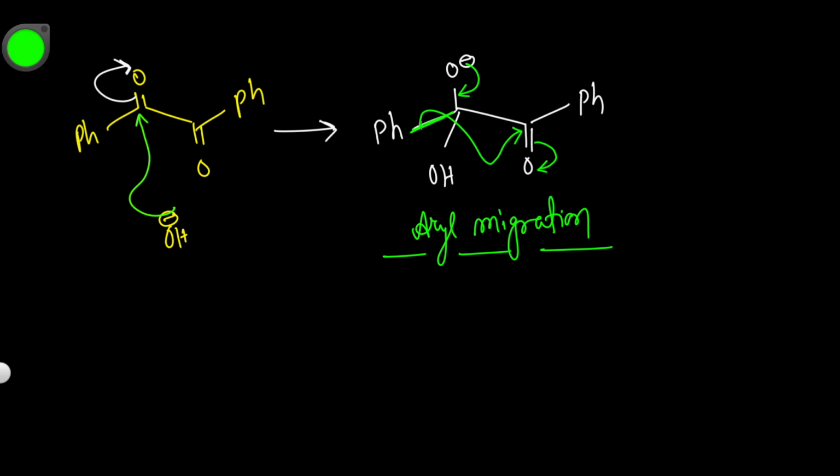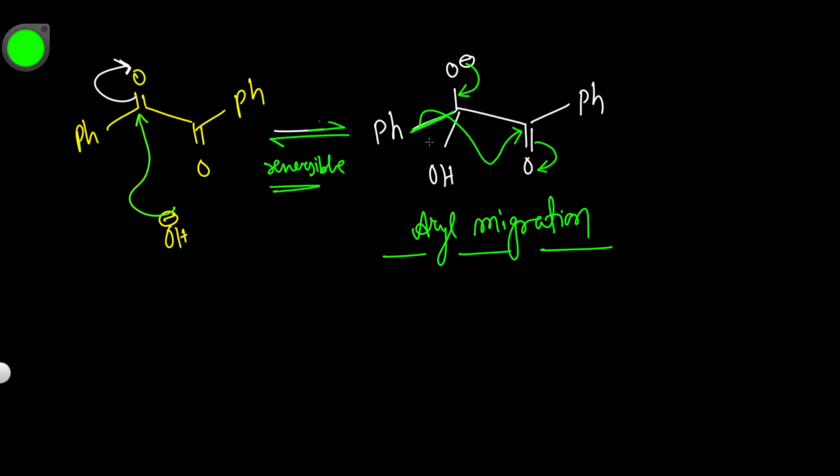It will migrate to the other electrophilic center present in this molecule, the C double bond O, and attack it, right? You also have to know that this reaction arrow is not a single arrow. This reaction has a double arrow. It is a reversible reaction.